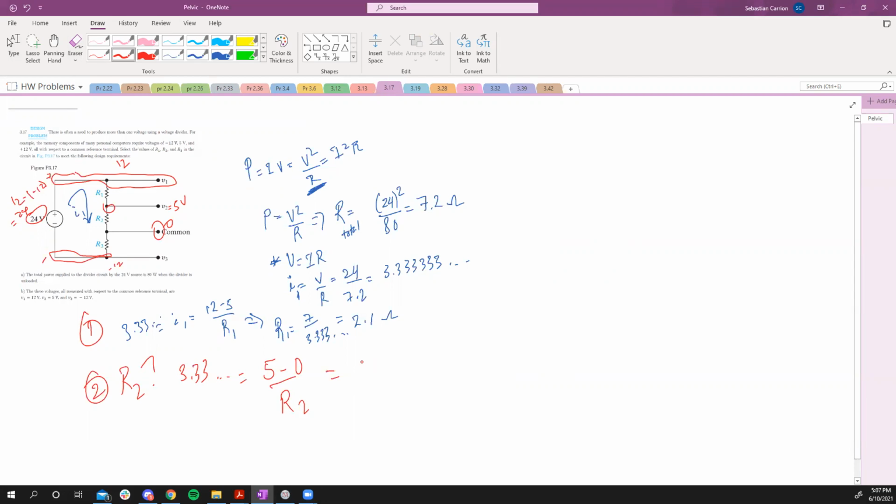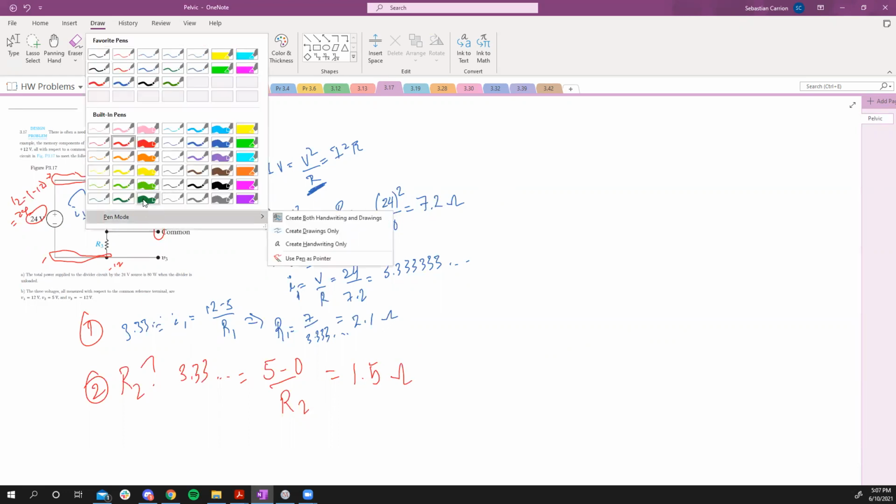So it would be 5 over 3.33333, which would be 1.5 ohms.